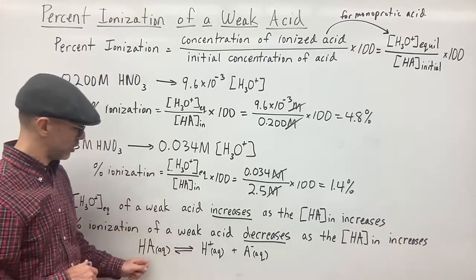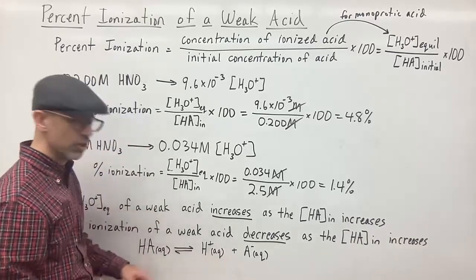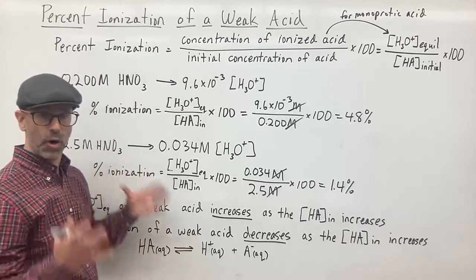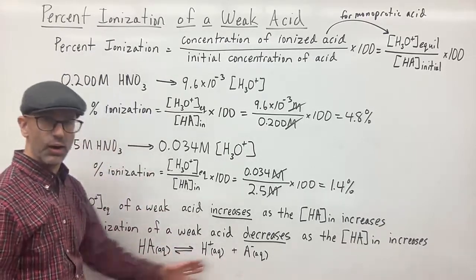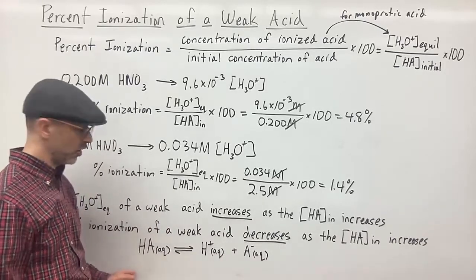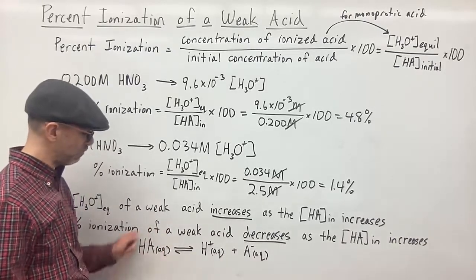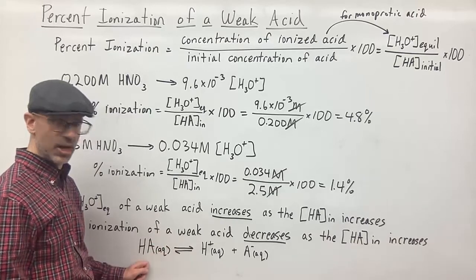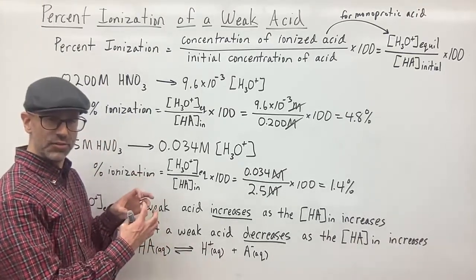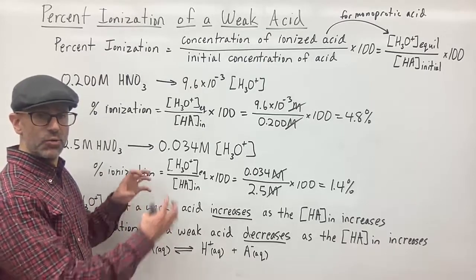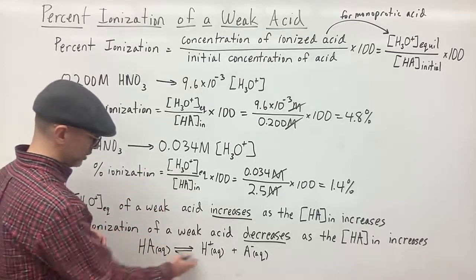So if you think of it in terms of number of particles, more concentration means more particles. So it's going to shift towards the direction of not having so many particles, which means it wants to have more of the HA than the two particles together, and that's going to decrease the relative amounts of H plus versus HA.